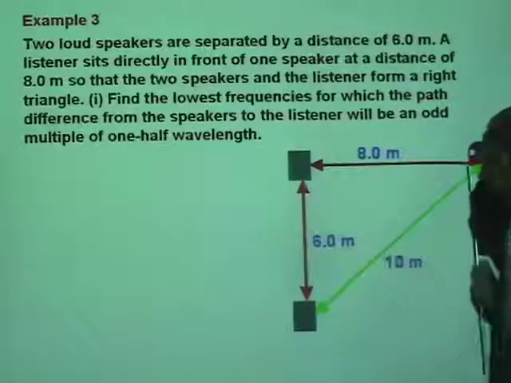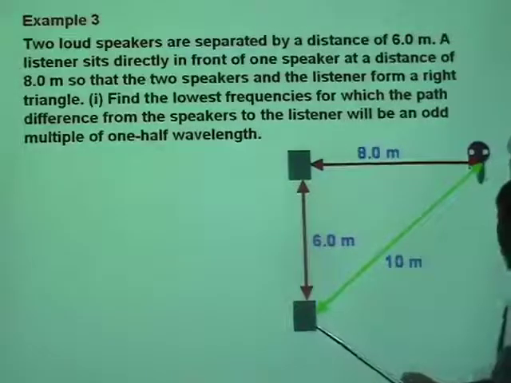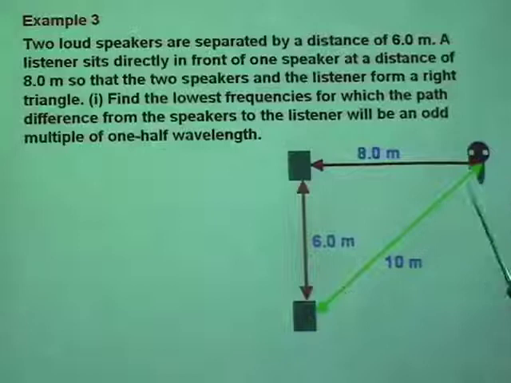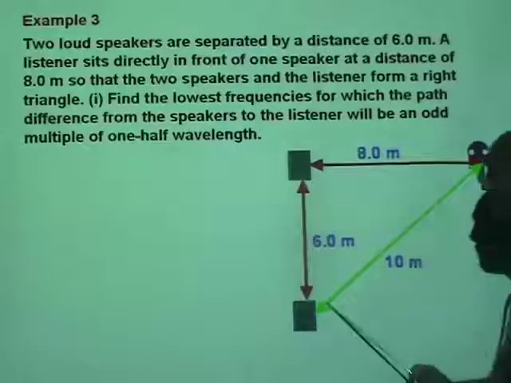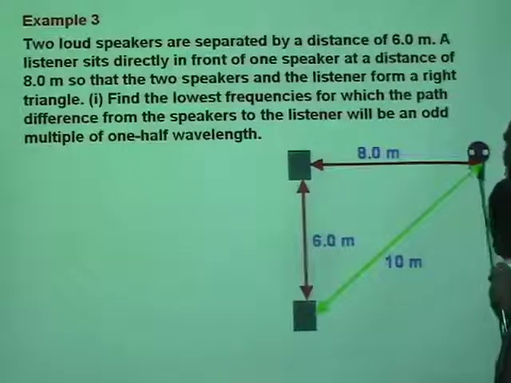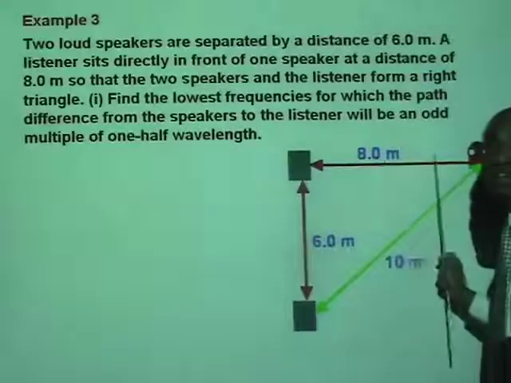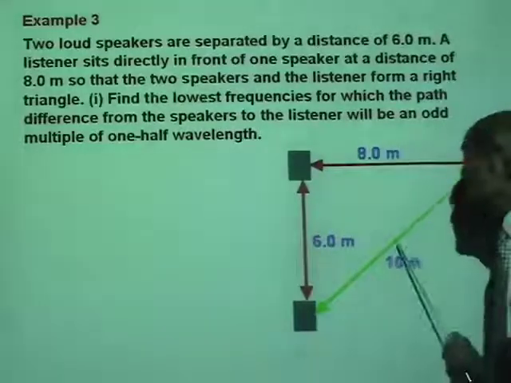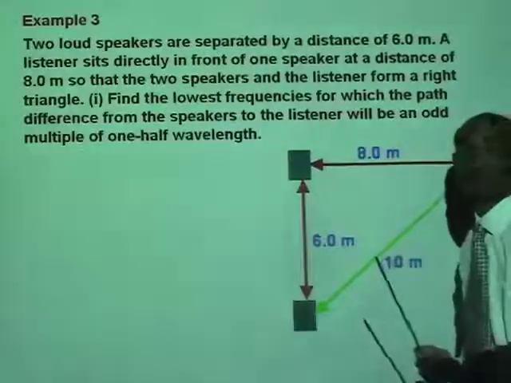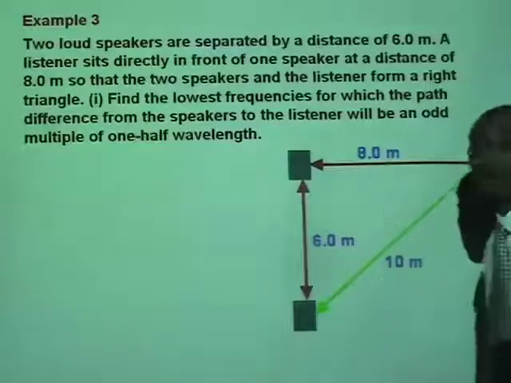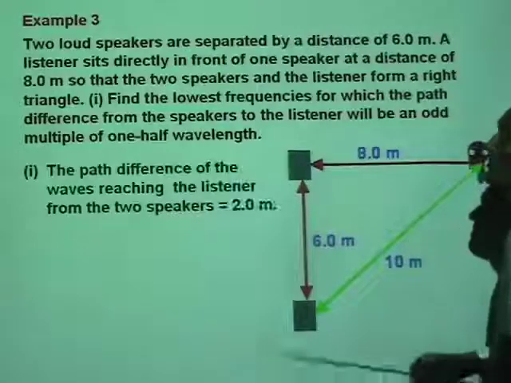That means the distance of the listener from the second speaker is this, the hypotenuse of this right triangle. If this distance is 6, this is 8, then that hypotenuse is 10 meters. Alright, so once you figure out the diagram, we can now start the problem.